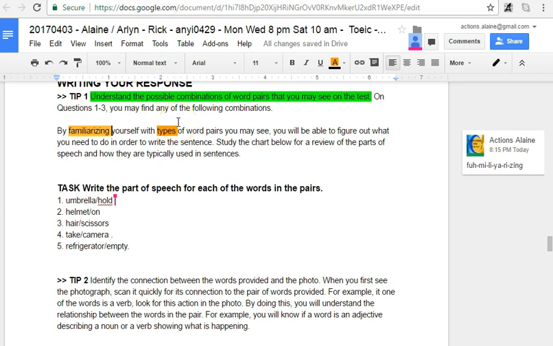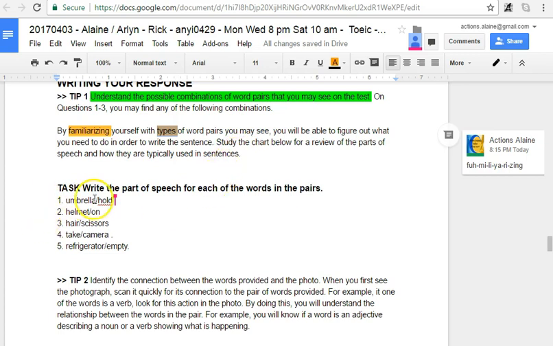Could you please read that for me? Familiarizing. Familiarizing. Very good. And again, how about this? Types. Types. Very good.